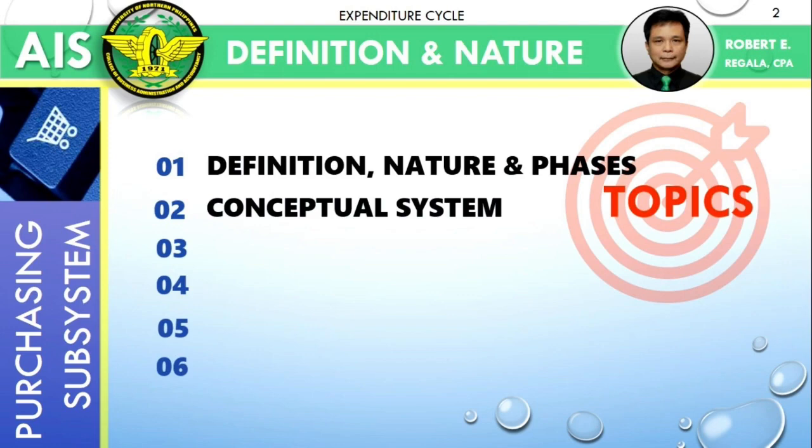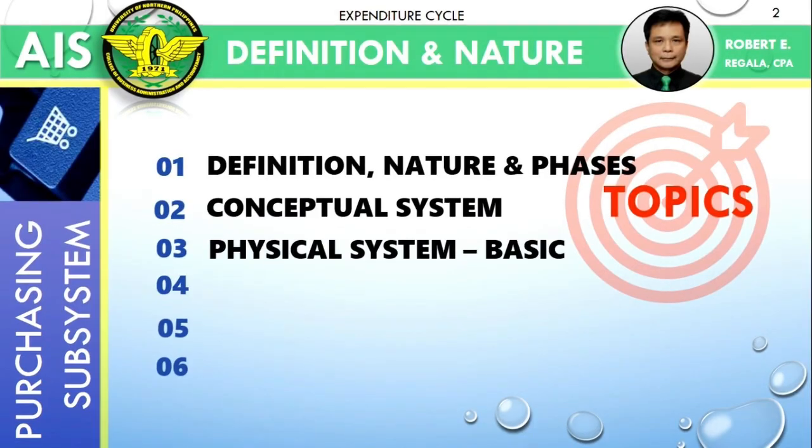We will be using the data flow diagram, or DFD, method of representing the flow of data among the different tasks in a subsystem. 3. Physical system, basic, presents the system that employs independent personal computers in various sections of the organization that function primarily as record-keeping devices.